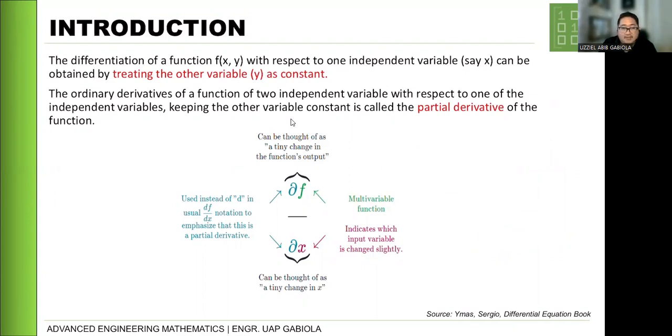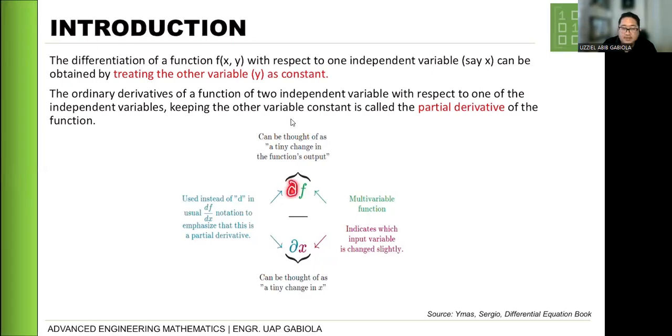And represented siya by the symbol delta o del, no? O yung curly D natin o tinatawag. Okay? Instead na D yung nilalagay natin to indicate derivative, we are using yung del symbol to represent partial derivative or taking one variable as constant and taking the derivative of the other. Okay?